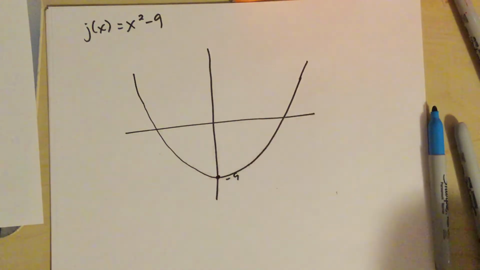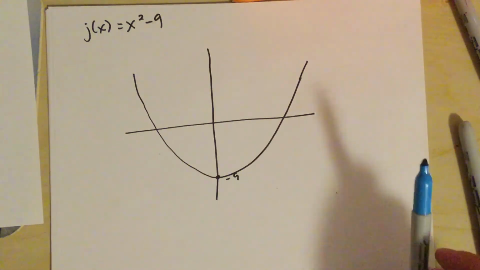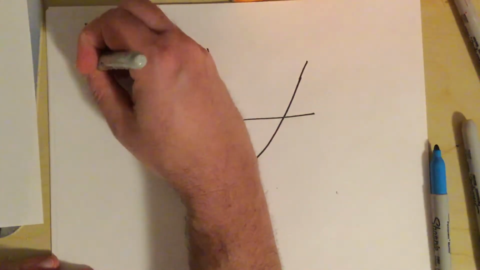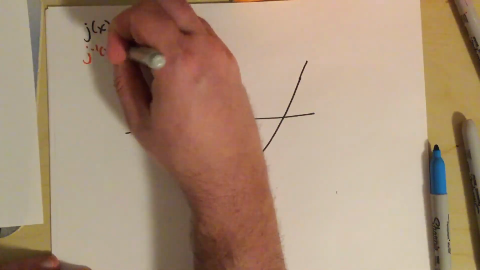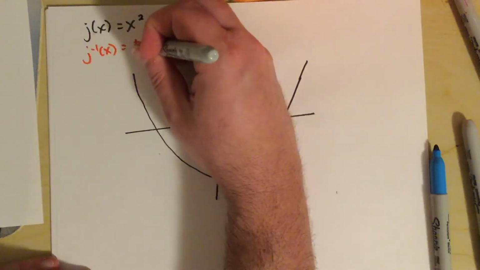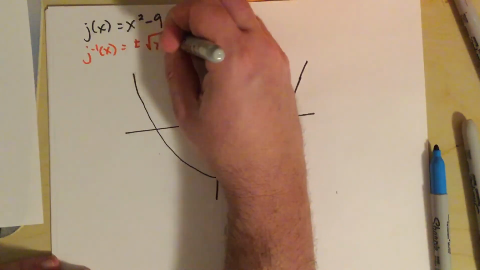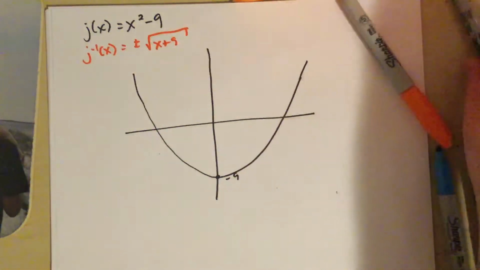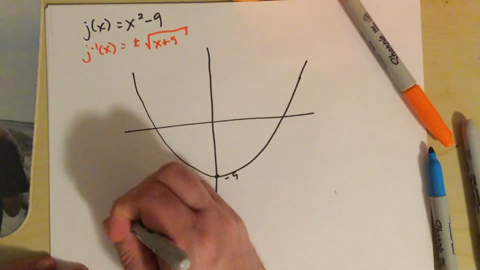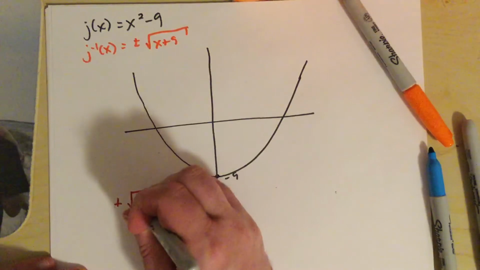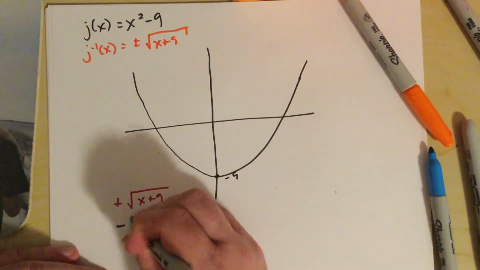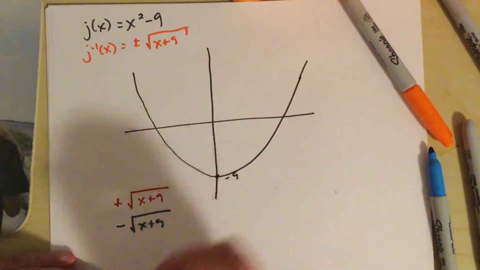Now, we found that the inverse function was plus or minus root x plus 9, which is essentially two equations, really. So we have the plus root x plus 9, and we have the minus root x plus 9.